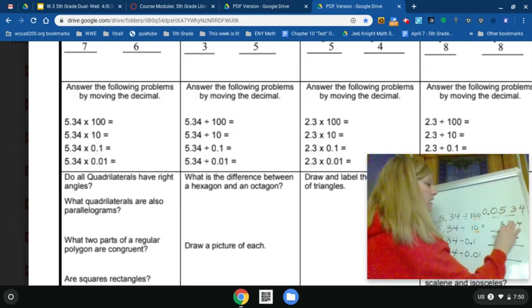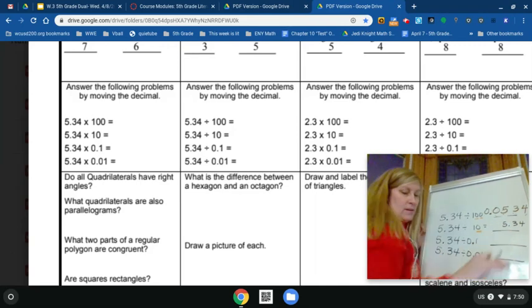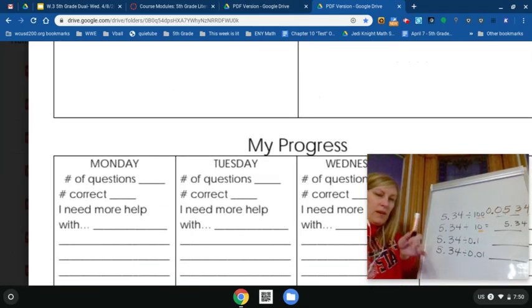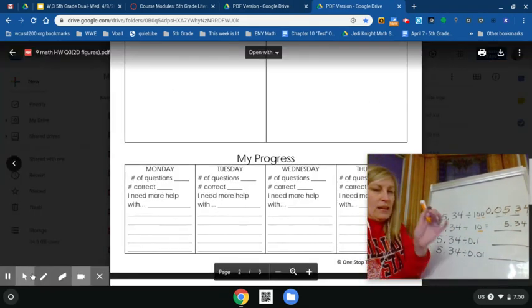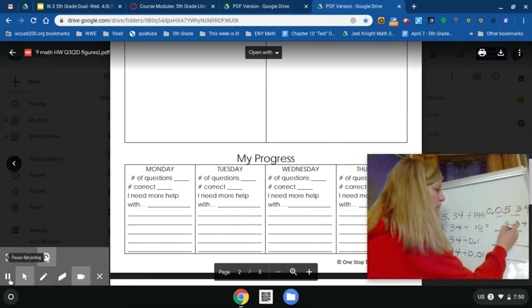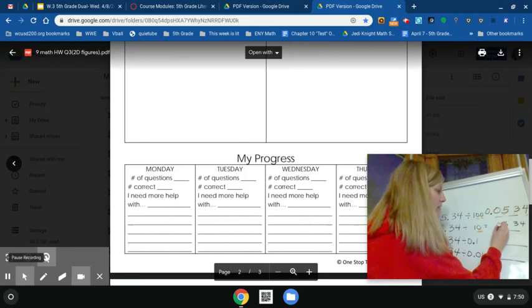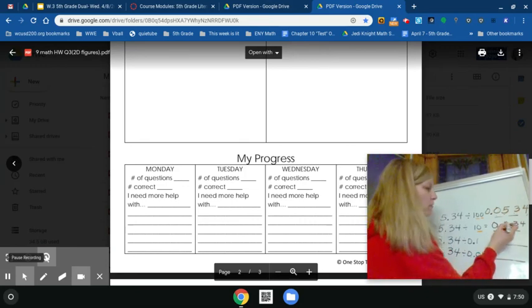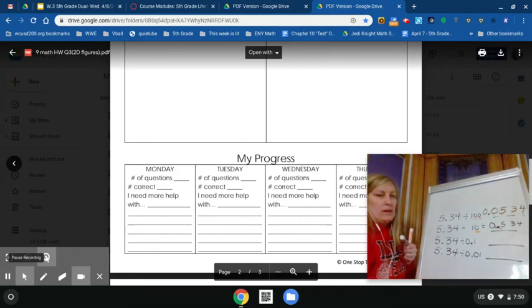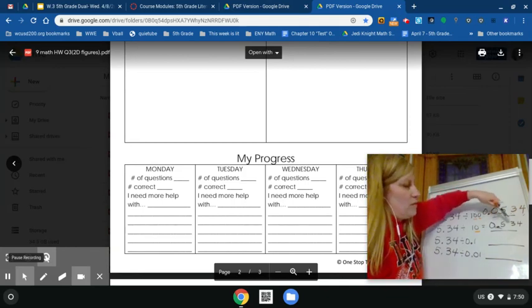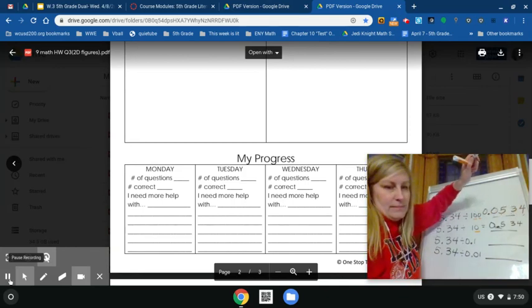I just have to move it one time to the left, which will then make it just move right in front. So now you get 0.534, which then turns into 534 thousandths.